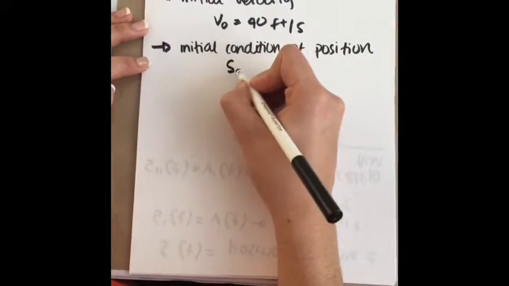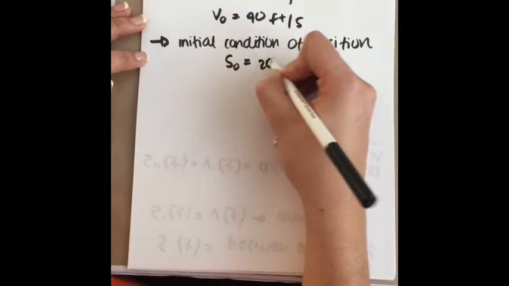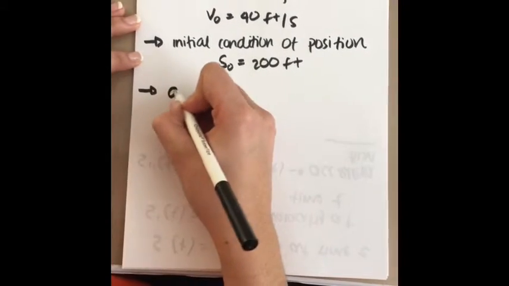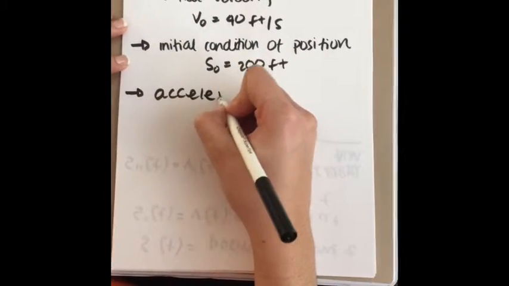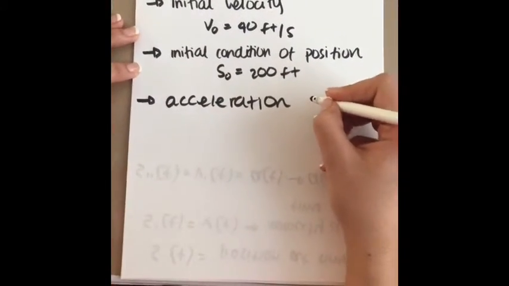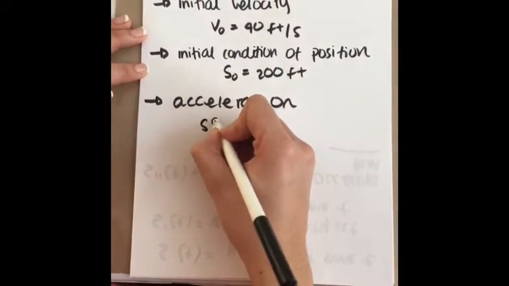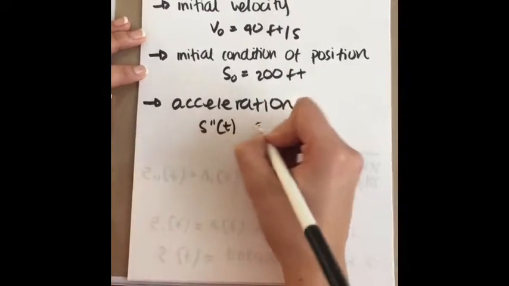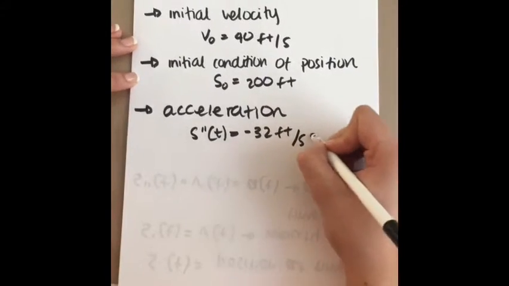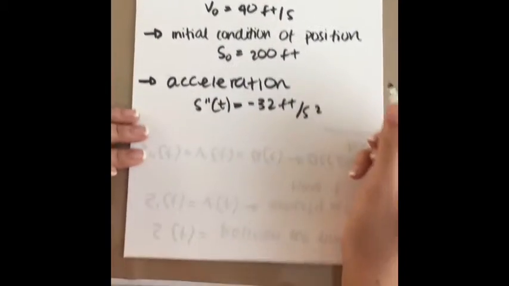It's the position at 0, which is 200 feet. Then we have our acceleration, which is the second derivative. It's minus 32 feet per second squared.